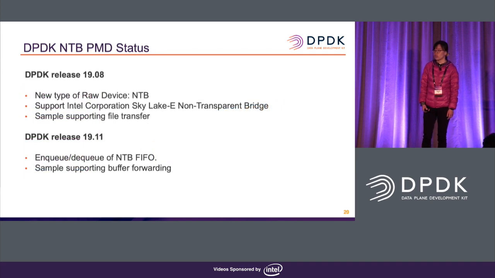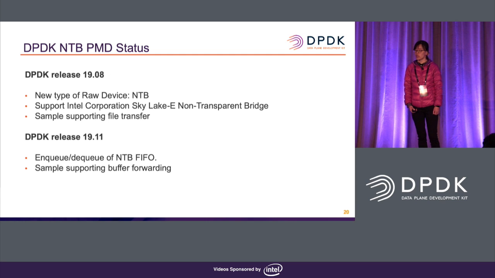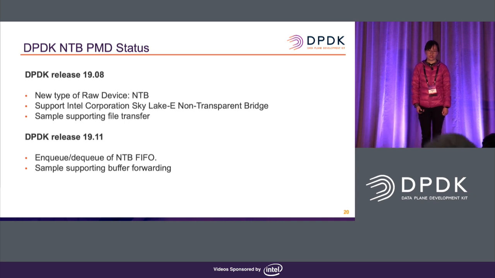Okay, let's check where the code is. For DPDK release 19.08, we already introduced this kind of device. It supports the Intel built-in non-transparent bridge, and we already contributed a sample which supports file transfer.